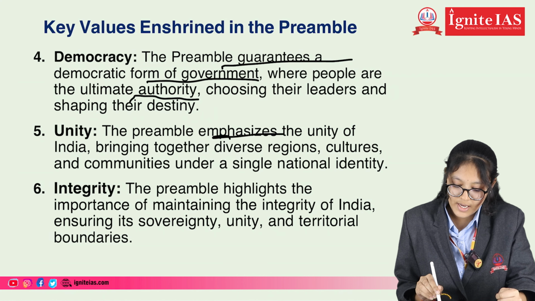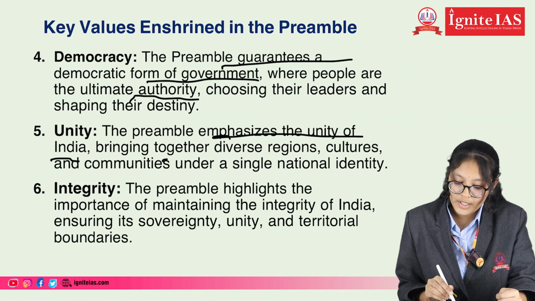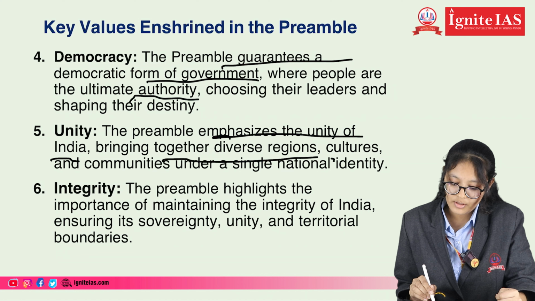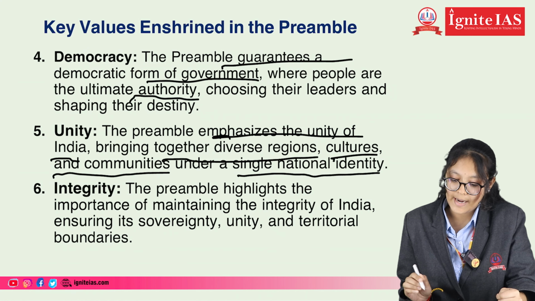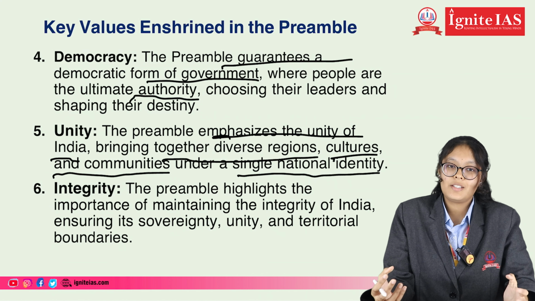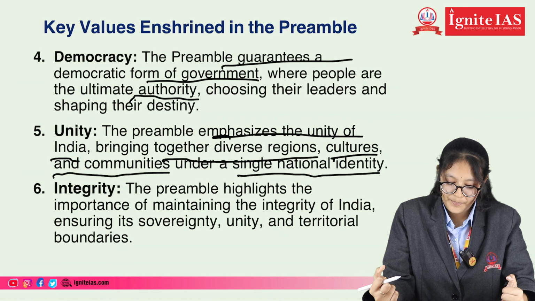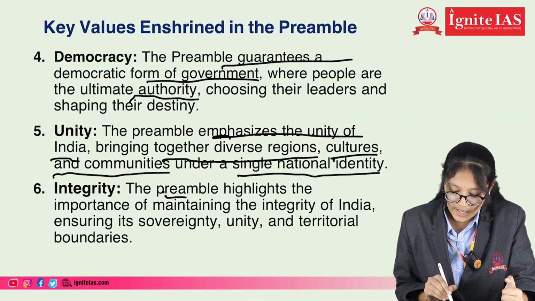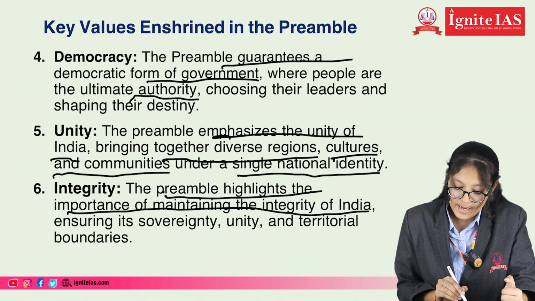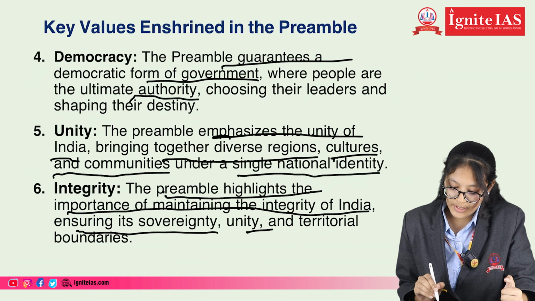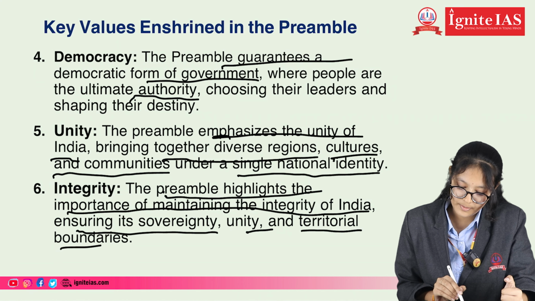The preamble emphasizes the unity of India, bringing together diverse regions, cultures, religions, communities under a single national identity. This celebrates unity in diversity. Integrity. The preamble highlights the importance of maintaining the integrity of India, ensuring its sovereignty, unity, and territorial boundaries.